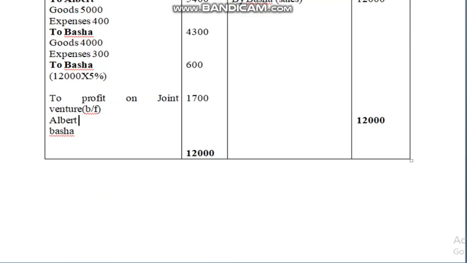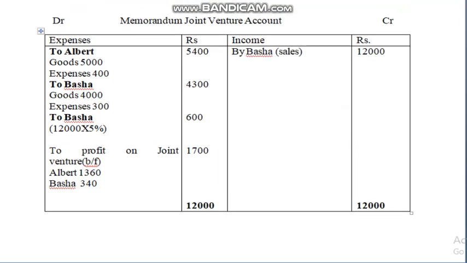So for Albert 1,360 and for Basha 340 rupees. So this is the memorandum joint venture account, and it is over. Now move on to the personal accounts of Albert and Basha.